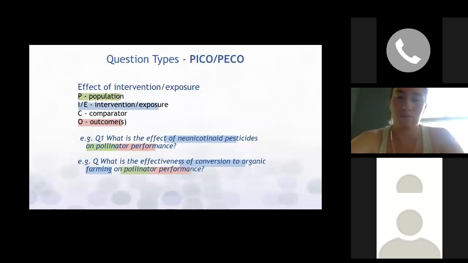What's the effectiveness of conversion to organic farming? So your intervention and exposure there is the conversion to organic farming. And that does imply that there's a comparator there. So it's not just what are the effects of organic farming, but what are the effects of switching to organic farming? So implying that you need to have non-organic farming as part of the studies that are part of this synthesis.